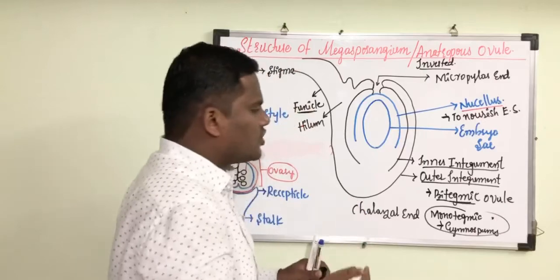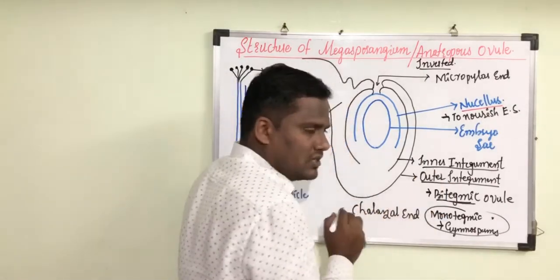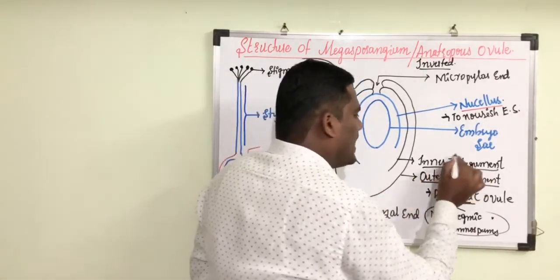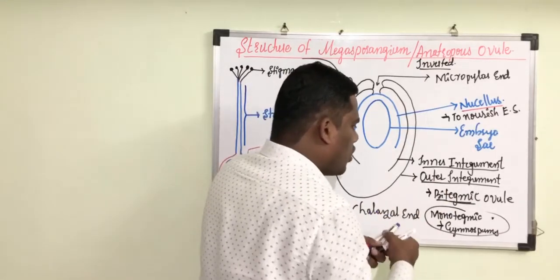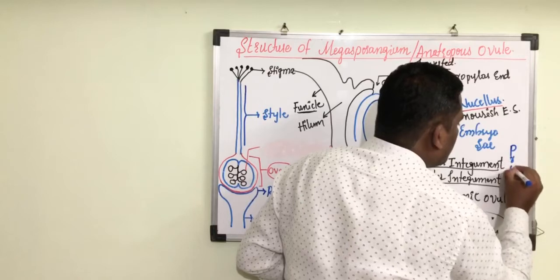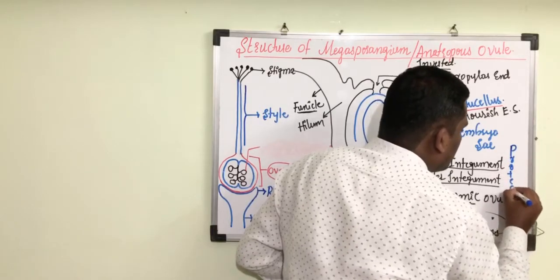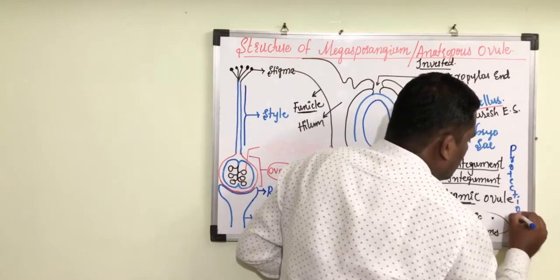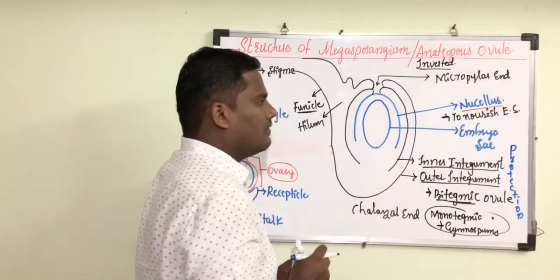The main function of both the outer and inner integuments is to help in the protection.